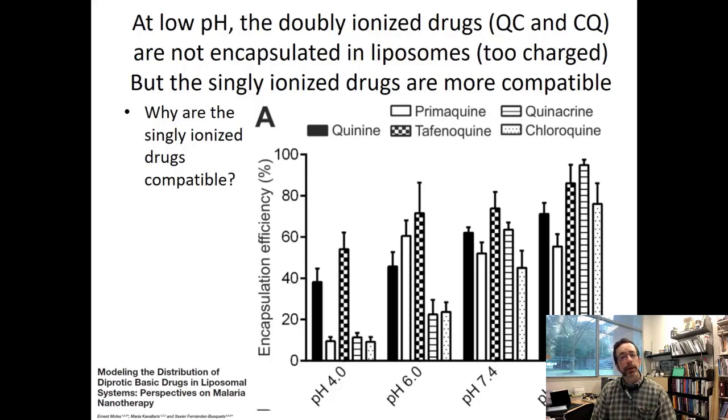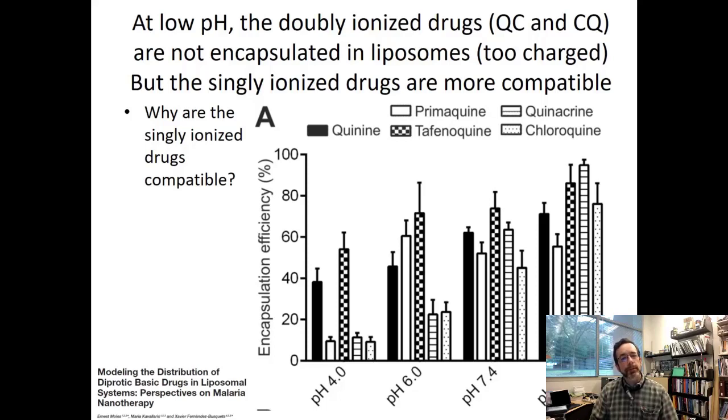And the effect goes away when you raise the pH and make the liposomes at high pH, because there, all of the drugs are more deprotonated, they're more non-ionized, and they're more able to get into the liposomes and even dissolve in the liposome membrane. So this makes sense.